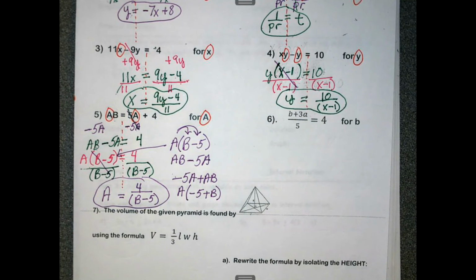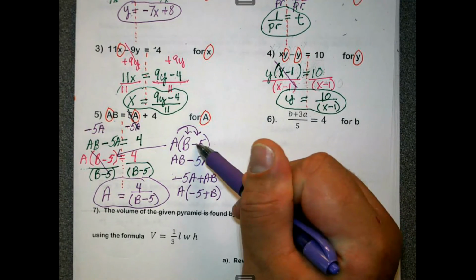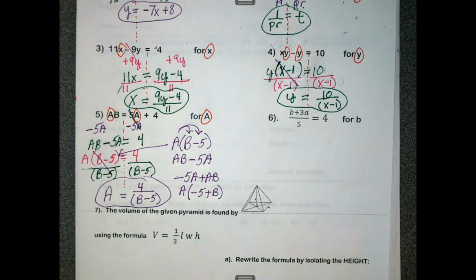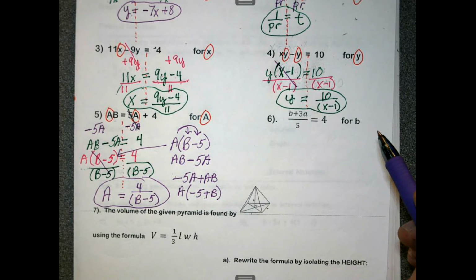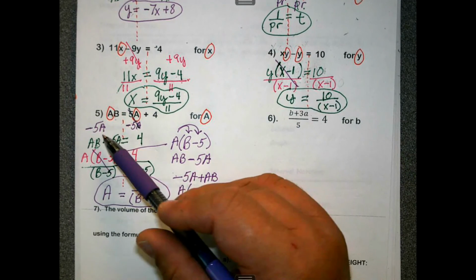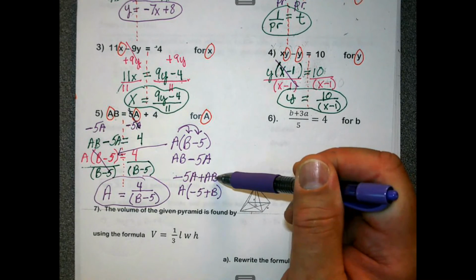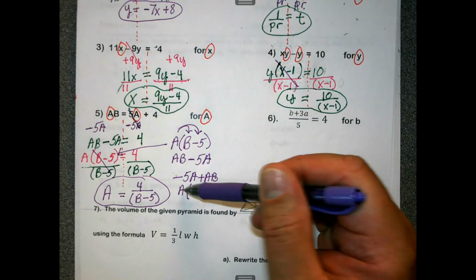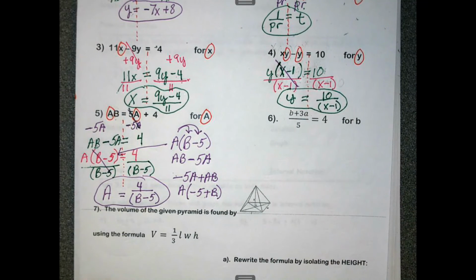Remember, addition, we can switch order. You can always change this to addition by adding a negative 5. They're the same thing. If you happen to put that negative 5A first, then the AB, you still undistribute and get the same answer. Okay. Good question.